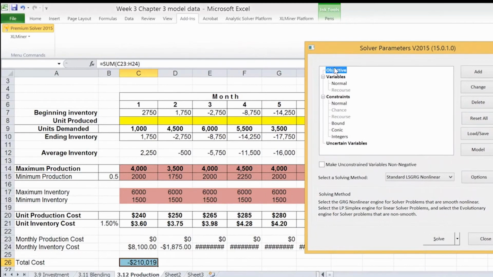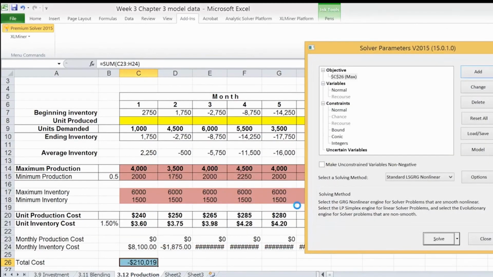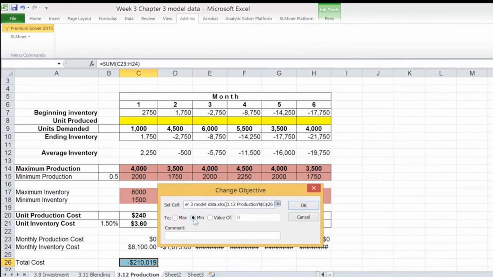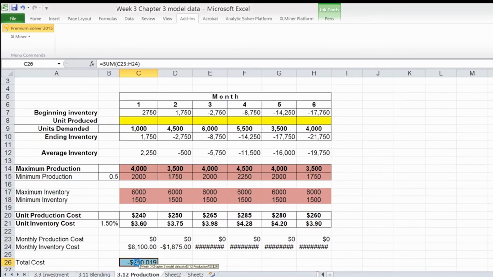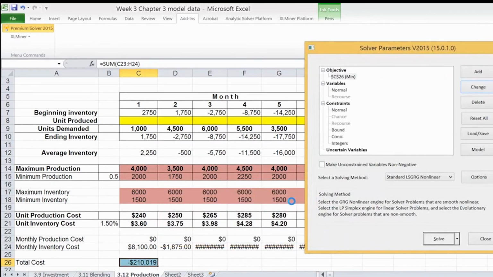Okay, objective. This one, minimize it. Minimize total cost, by changing those variables here.